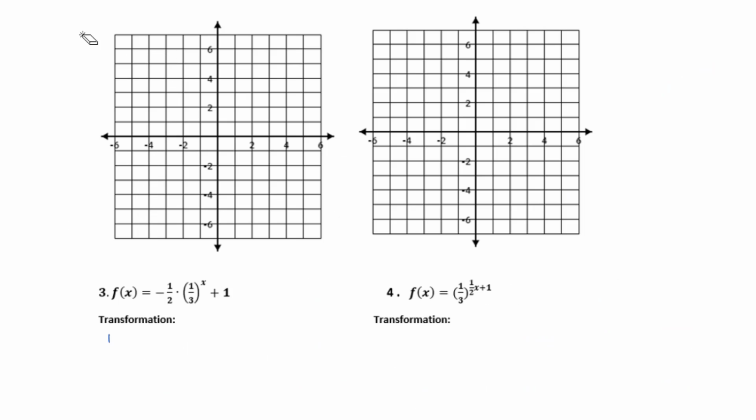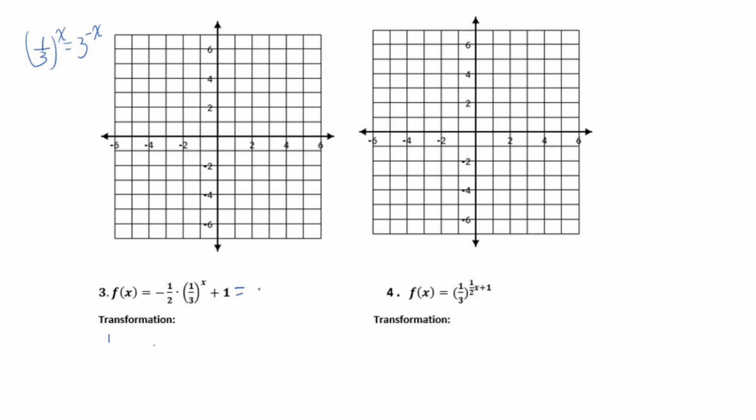Let's go to number 3. f of x equals -1/2 times (1/3) to the x power plus 1. We will change this into the function with the base 3. We do know that (1/3) to the x power equals 3 to the negative x power.